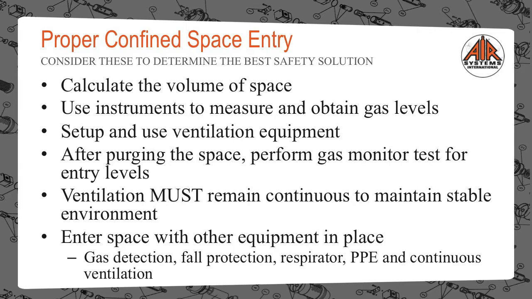Use instrumentation to obtain initial gas levels prior to entry. Set up and use the ventilation equipment. After purging the space, perform the gas instrument test again for entry levels. Ventilation must remain continuous to maintain a stable environment. Enter the space with the other equipment in place, such as gas detection, fall protection, respirators, and PPE.